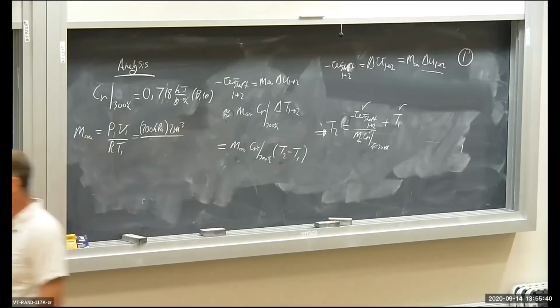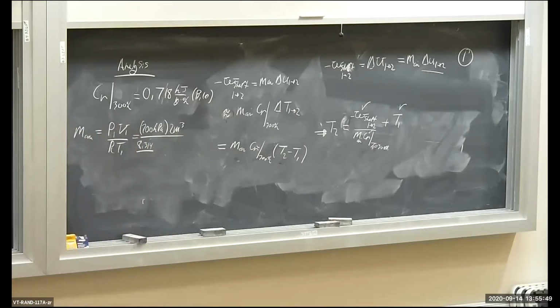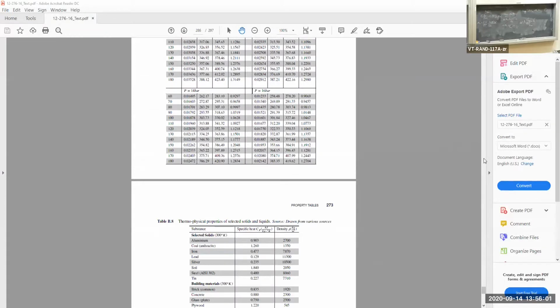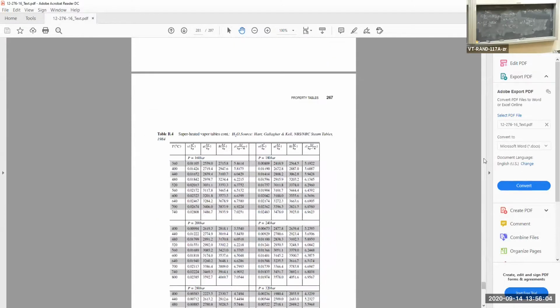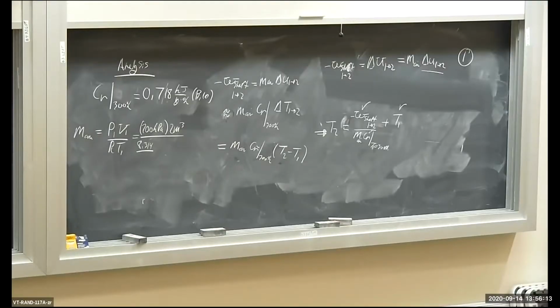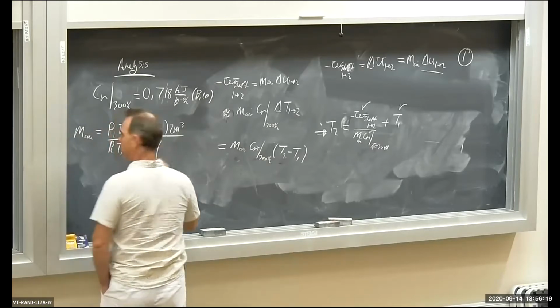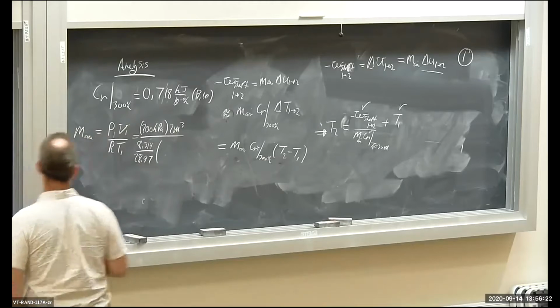The gas constant for air is 8.314 divided by the molecular weight for air. Again, let's look up the molecular weight for air. 28.97. And temperature T1 is 293 degrees Kelvin.